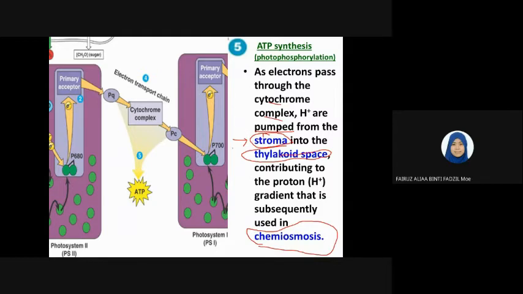For photosynthesis, they are pumped from the stroma, which is also a fluid, into a space as well, but not the intermembrane space, rather the thylakoid space. So you just change that for photosynthesis.